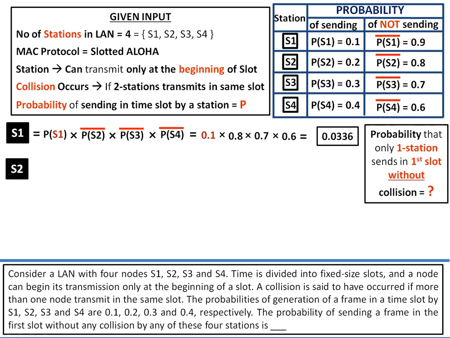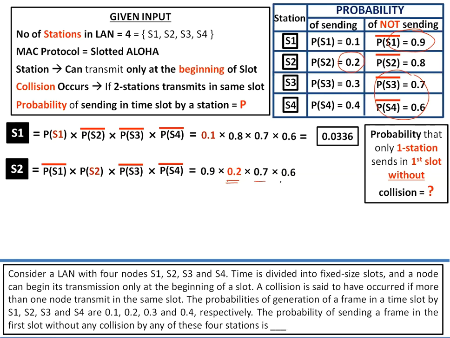Now how about S2? S2 has to take its sending probability, and all other stations have to take their not-sending probability. This will be 0.0756.